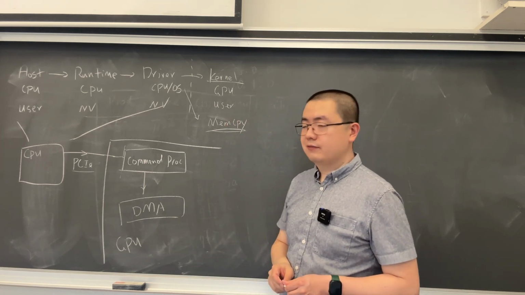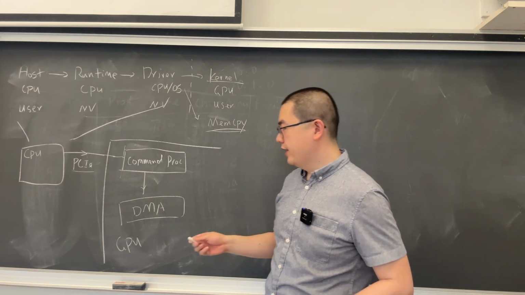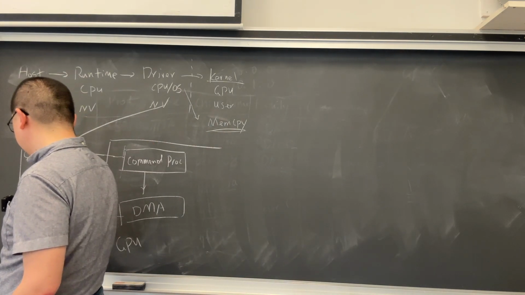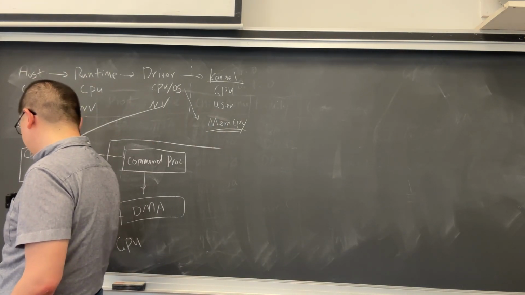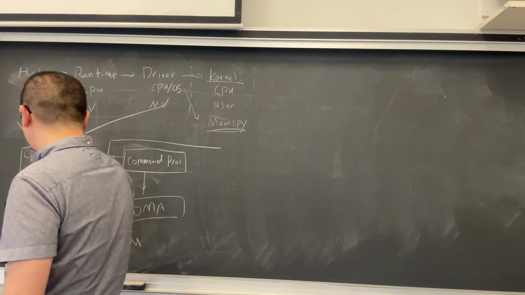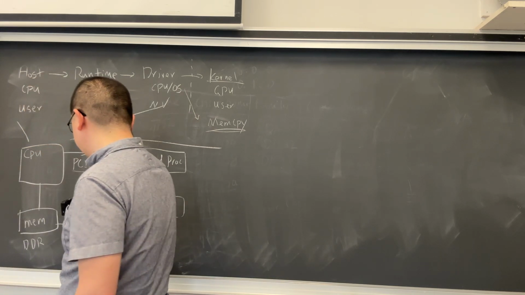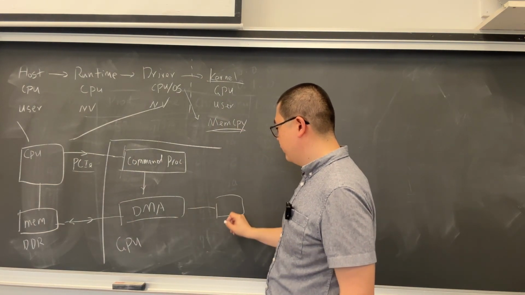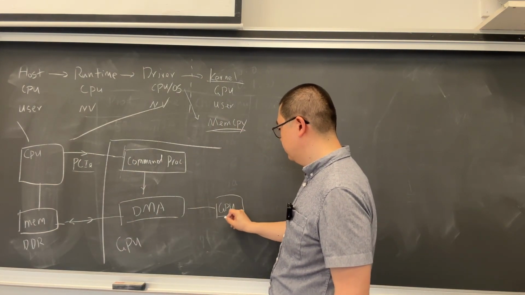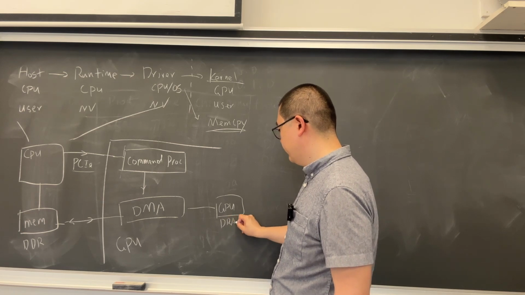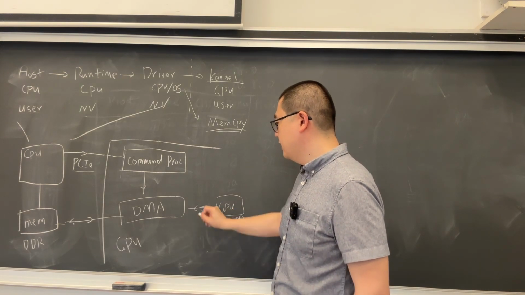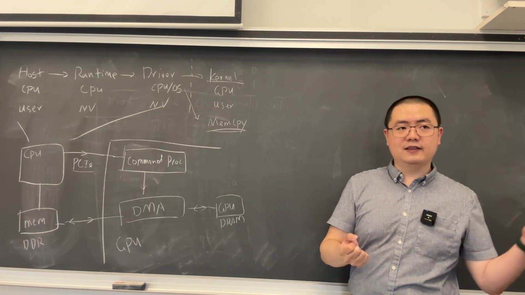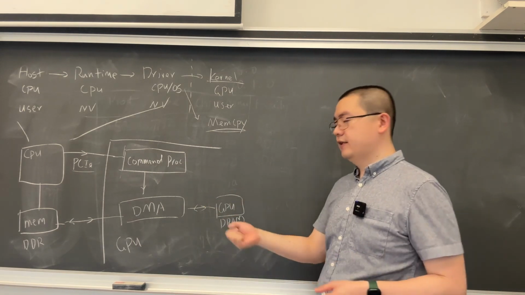The DMA engine does direct memory access, so it can directly access the CPU's memory, typically implemented in DDR technology, and directly talk with the GPU memory. The DMA engine is basically a data mover and buffer that can take data from one side and write data to the other side.